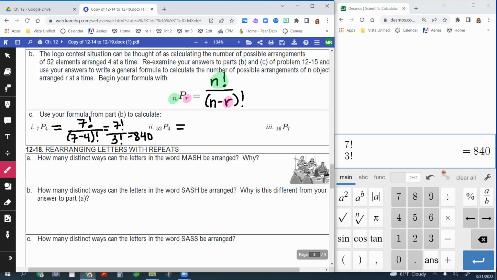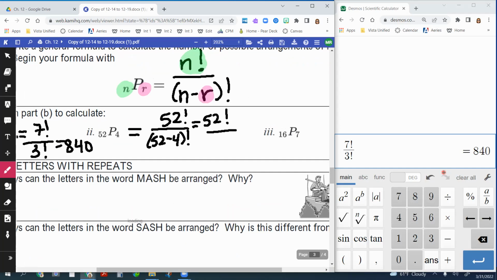Here, 52P4 is going to be 52 factorial over 52 minus 4 factorial, so 52 factorial over 48 factorial.